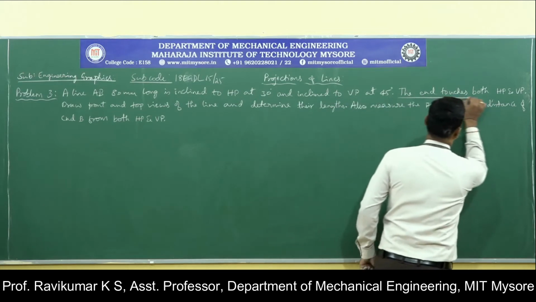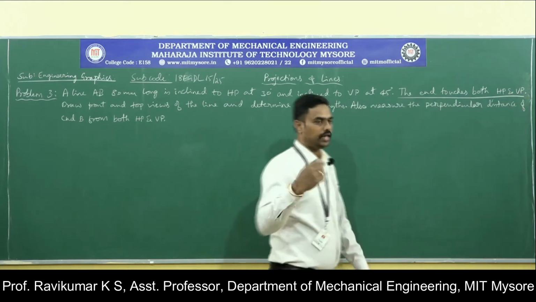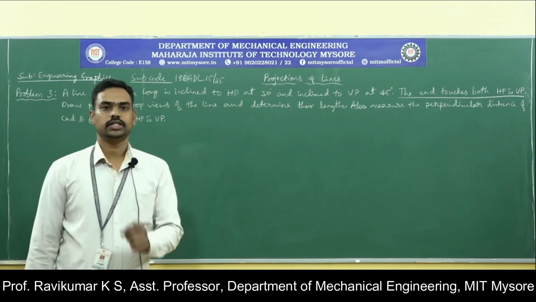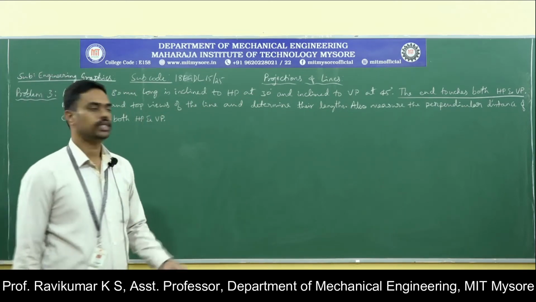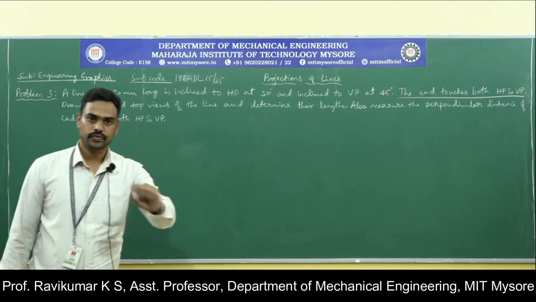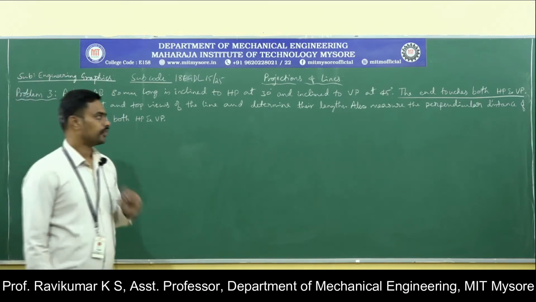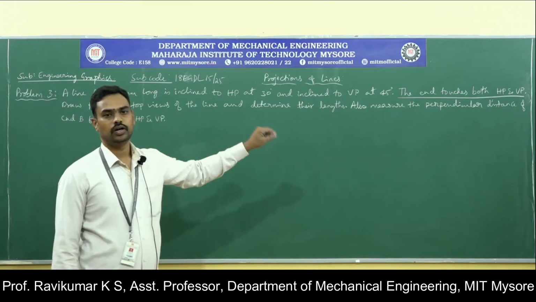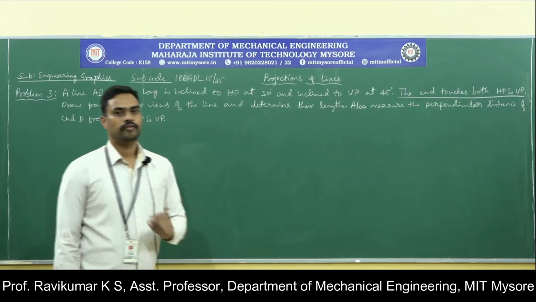The end, or one of the ends, touches both HP and VP. So here the coordinates of A or B are not given. Instead, the coordinates start with the reference line, that is XY, because the line XY belongs to both HP as well as VP.